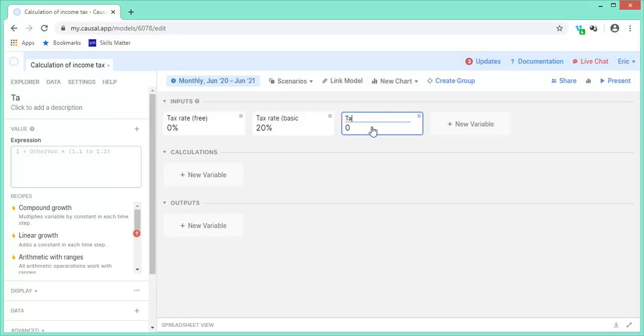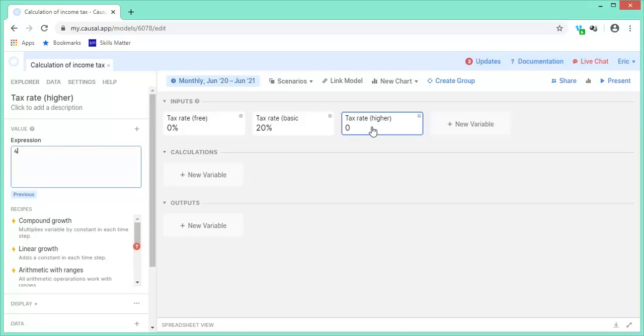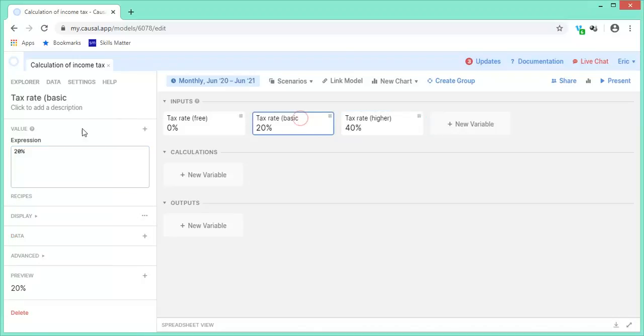And finally, we have the tax rate, higher band, and this rate is 40%. Let's just make that nice. Okay, so those are our tax rates for the three different bands. We've got the personal allowance, which is tax-free, the basic band, 20%, and the higher band, 40%.